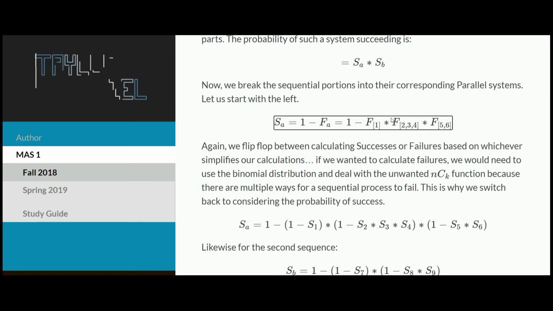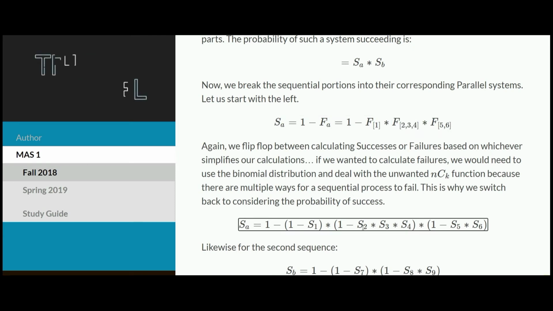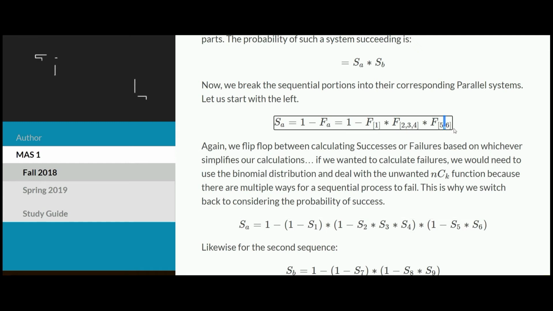Once we get to this part, for that branch to fail, that's the same as 1 minus all of them succeeding. What's the probability that parts 2, 3, and 4 work? That's the only way you can get through that branch, and 1 minus that is the probability you don't get through that branch. Likewise for 5 and 6, it's 1 minus the probability of them both succeeding.